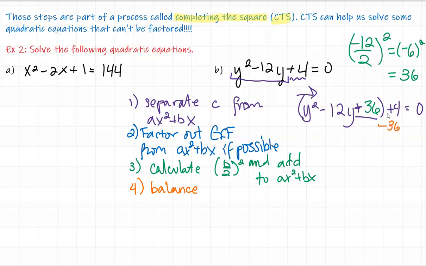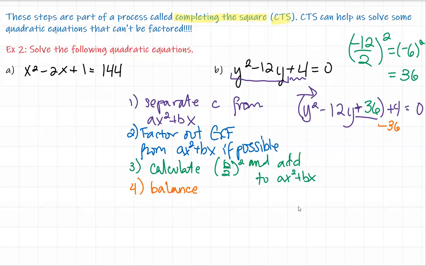Because when I add and subtract the same number, that's how I can balance it. Because plus something minus that same something is 0, right? If I add 36 but then subtract it right out, then it's like I did nothing, right? But what I'm going to do is add on the inside, subtract on the outside, okay?